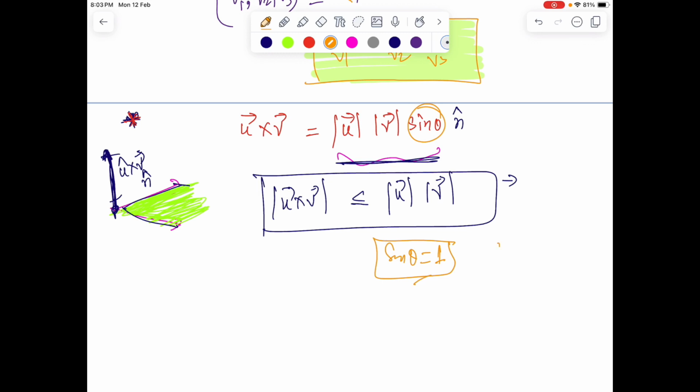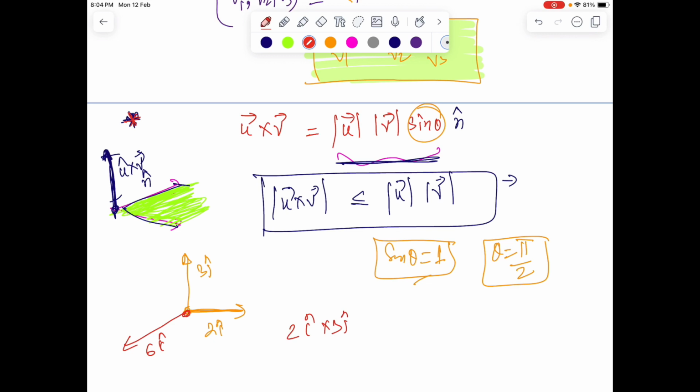Here again, for the equality case, what will we have? For the equality case, sine theta should be 1, right? It means theta should be 90. So u cross v, let's say if you have a vector 2i and a vector 3j, these two vectors' cross product will be 6k.